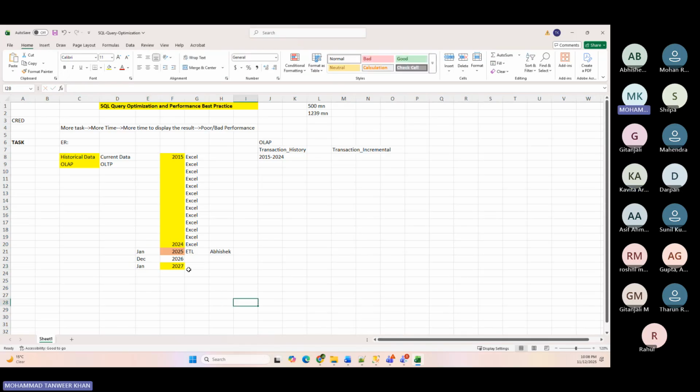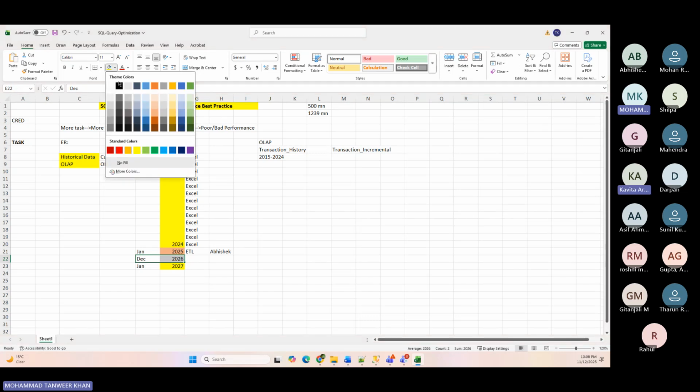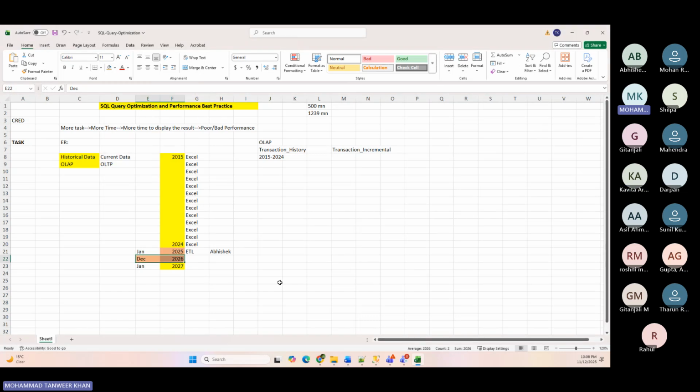That is what I told. Suppose now we are at December 2026. Our client told us, or maybe the solution architect, we discussed the data from January 2025 till December 2026. Now we have a huge volume of data in the transaction incremental table. Suppose, just assume, okay.